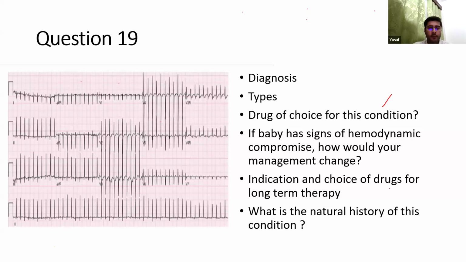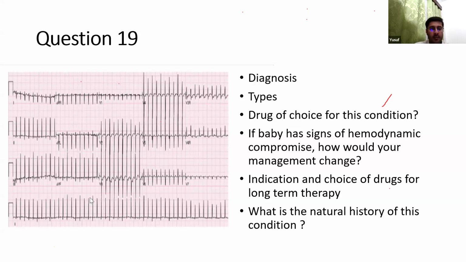Okay, so diagnosis. First, describe the ECG. On the basis of that, you can diagnose this condition. Okay, so this is basically PSVT. How do you describe it? Very good.